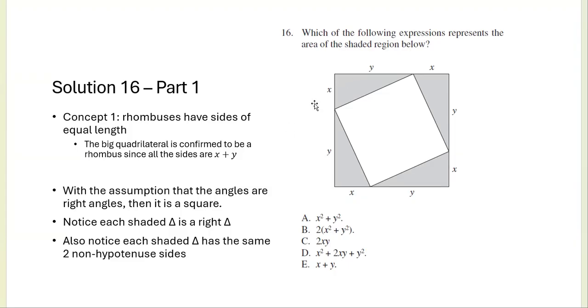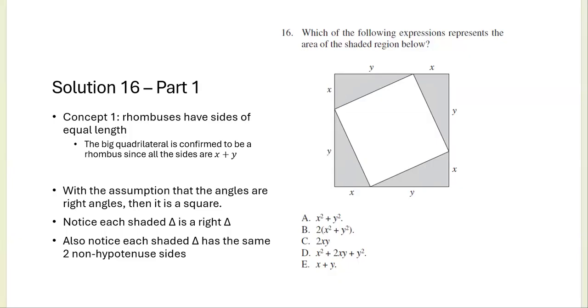If they are, then we can use the Pythagorean theorem, okay? Because actually, we don't even need the Pythagorean theorem, sorry, because these are all triangles of the same dimensions. They both have a leg x. They both have another leg y, okay? So we can just find the area of one of the triangles times 4.